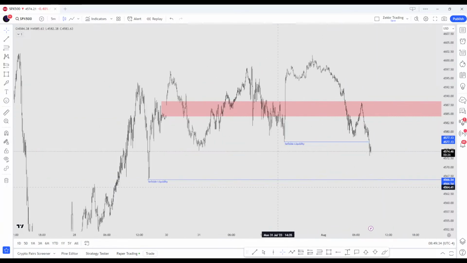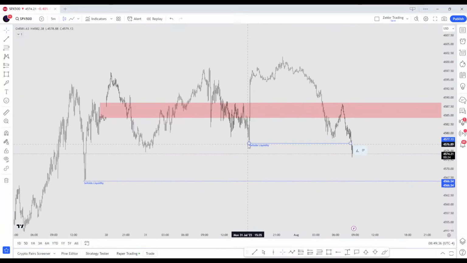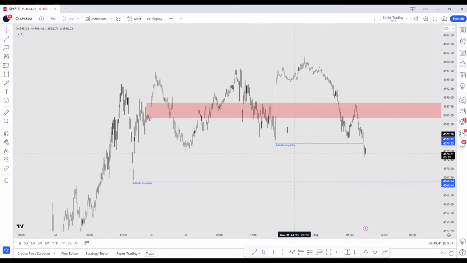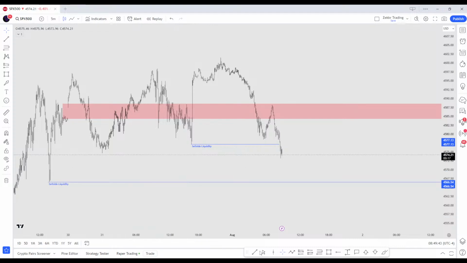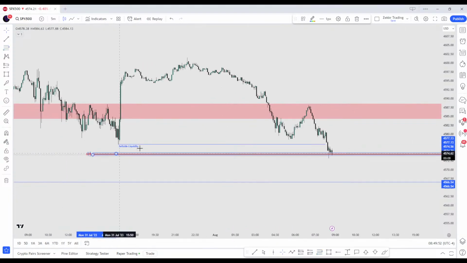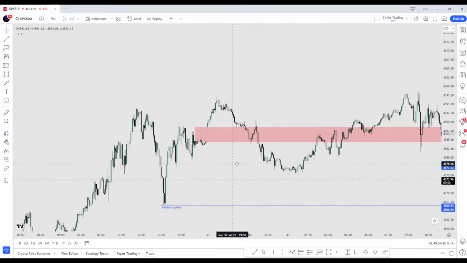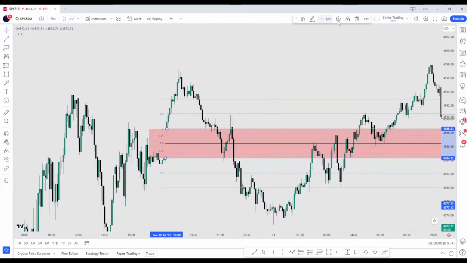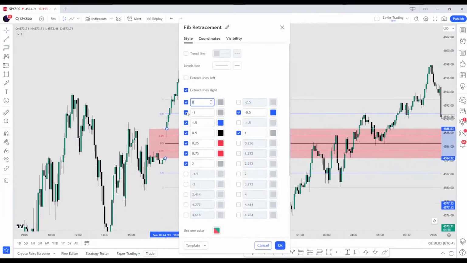So now we just have to sit on our hands and wait, because we took this outside, which could mean we could go higher. We have the new week opening gap drawn out. Actually, what I'm gonna do is this, from close to open, and I'm going to delete the levels, the standard deviations.